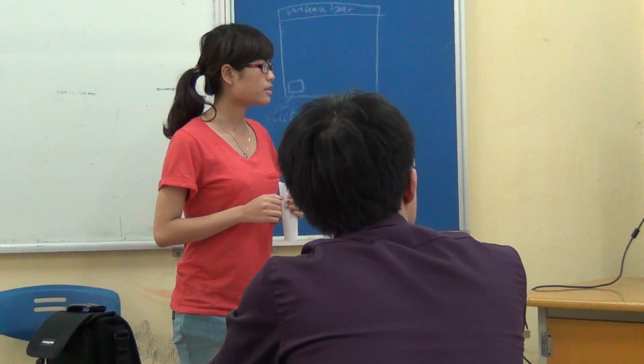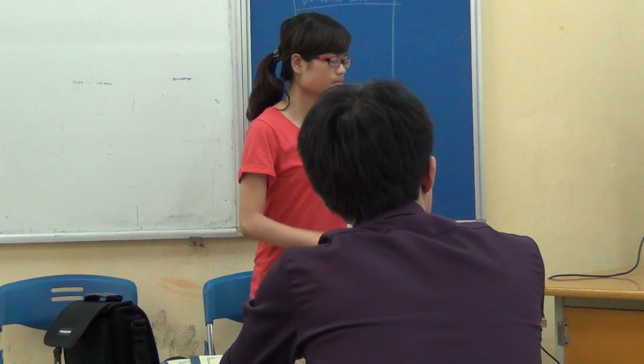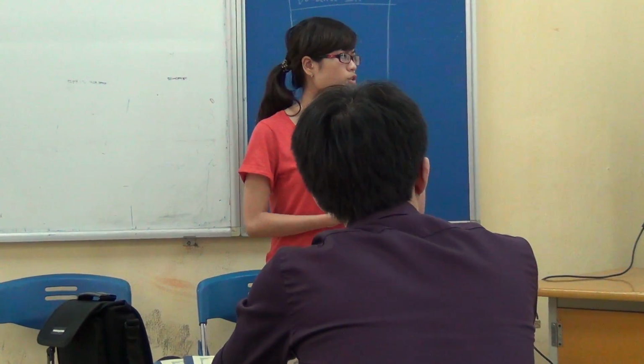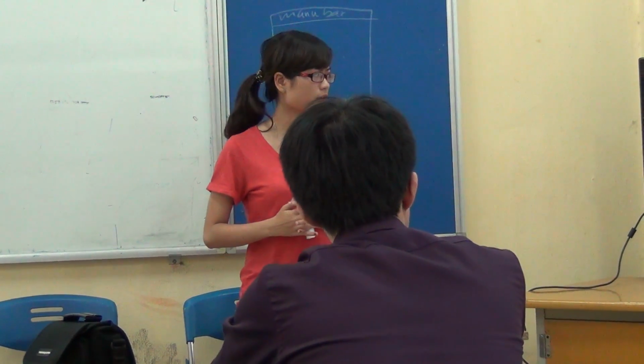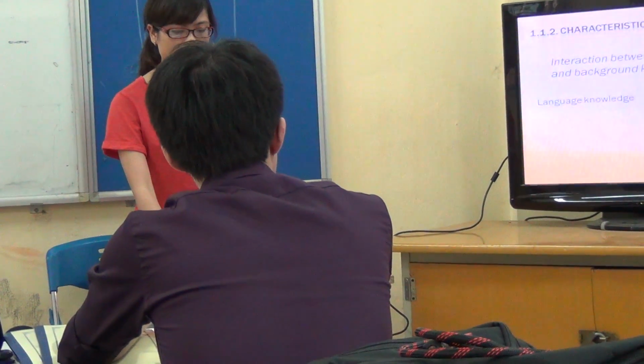However, actually they interact with each other and give the full comprehension of English learning. And SOFL students should focus on this point to prepare the full comprehension of both language knowledge and background knowledge. They are very important.